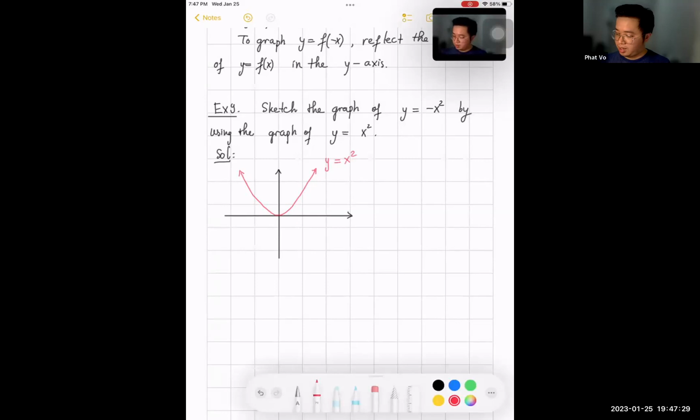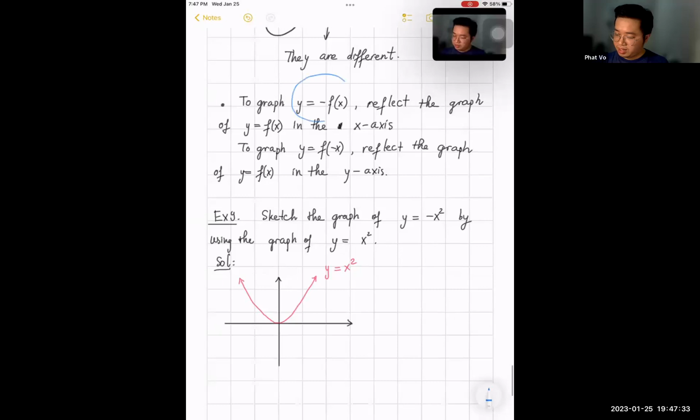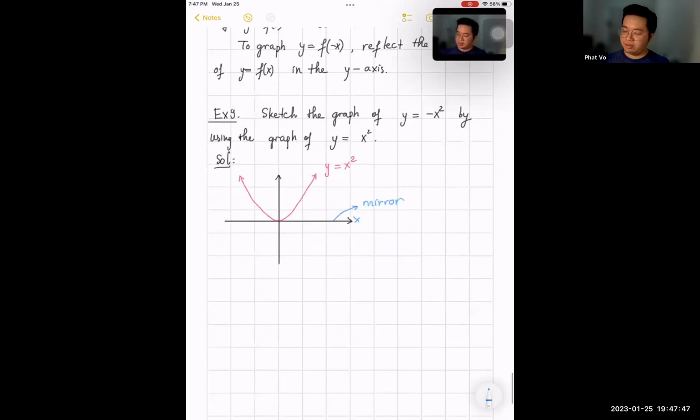So now you will see we need to graph this function, right? So we will reflect the graph in the x-axis. So now the x-axis here is the mirror, right? Okay. So now we will reflect these functions, right? So that becomes this guy.